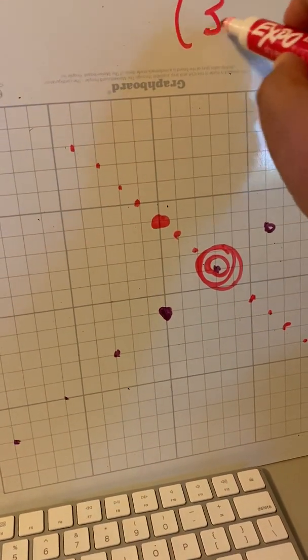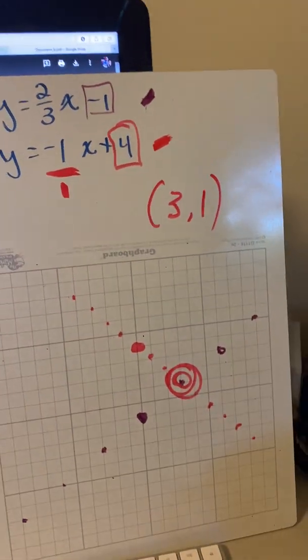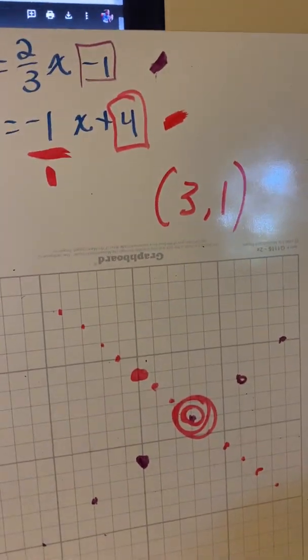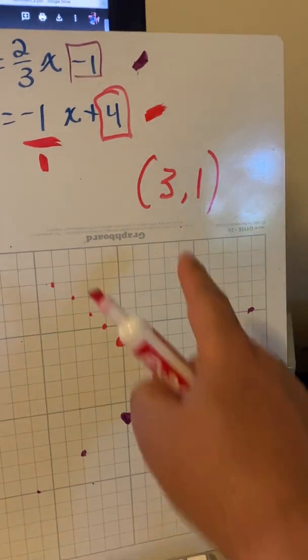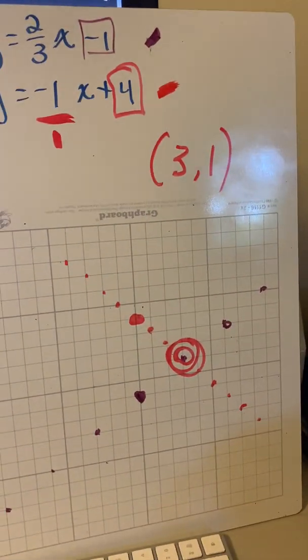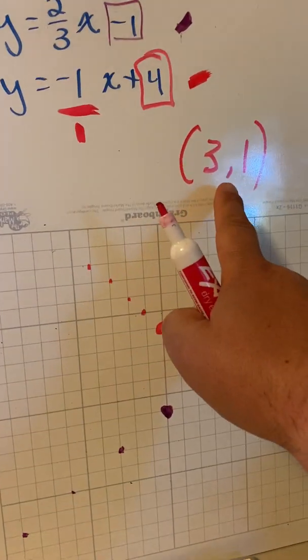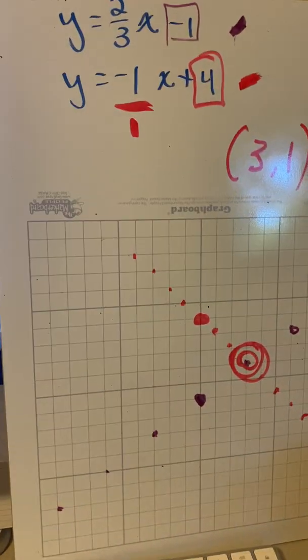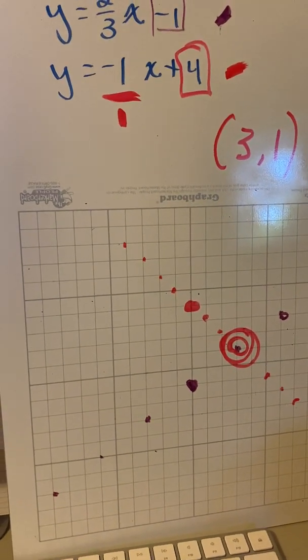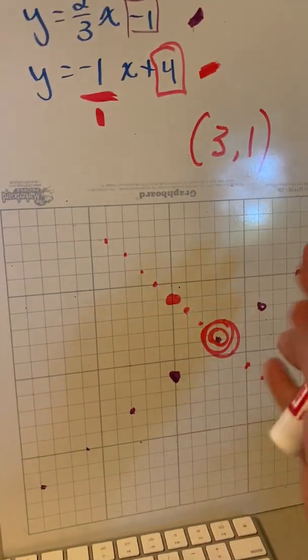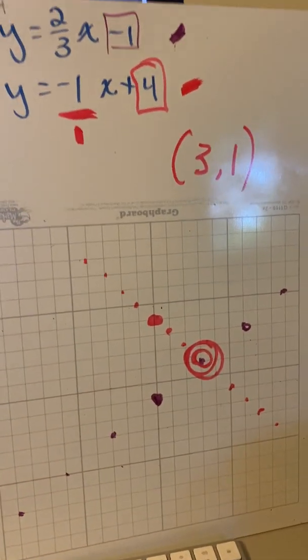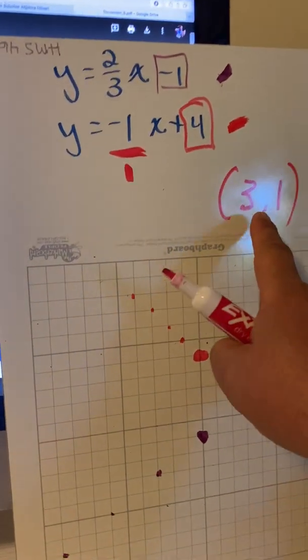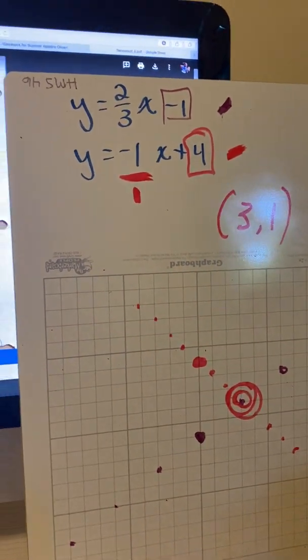So the solution to the system of 2 equations is (3, 1). What does that mean? That is the one point that can be placed into both equations and be a solution for both of those equations. They've got an infinite amount of solutions, but there's only one in this case that would work for both.